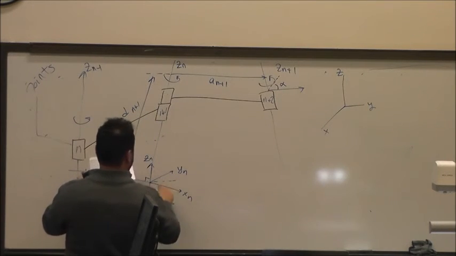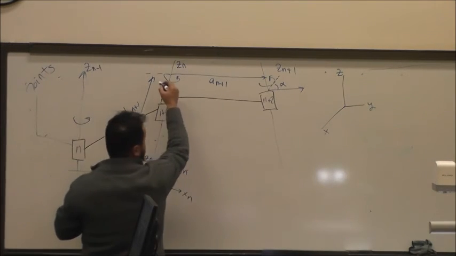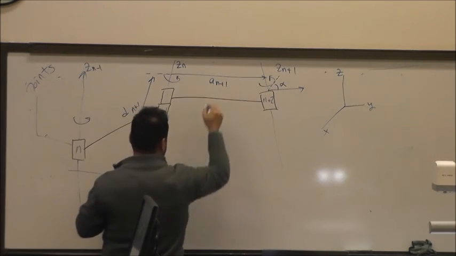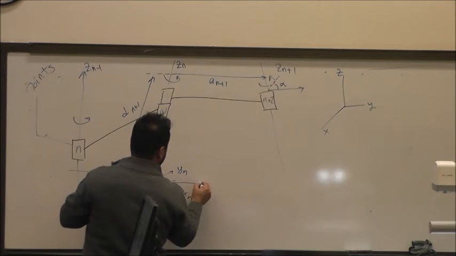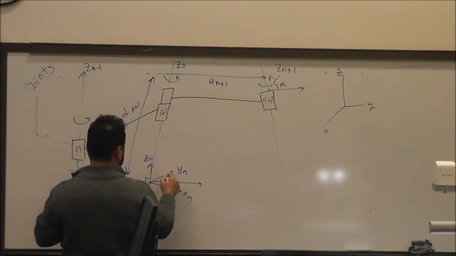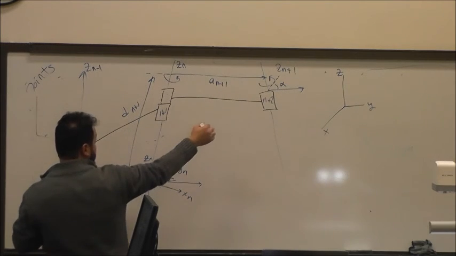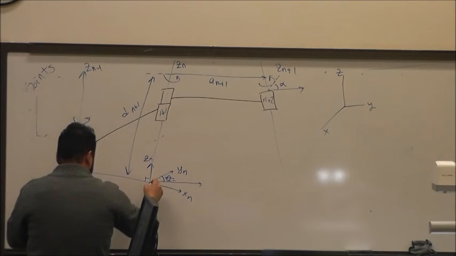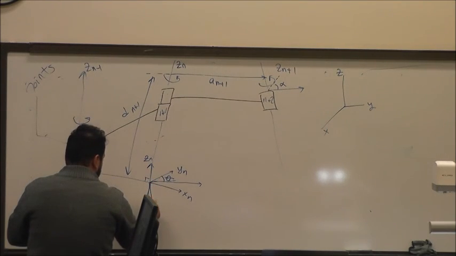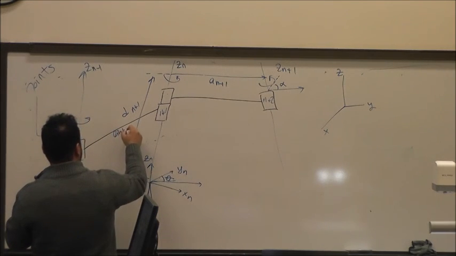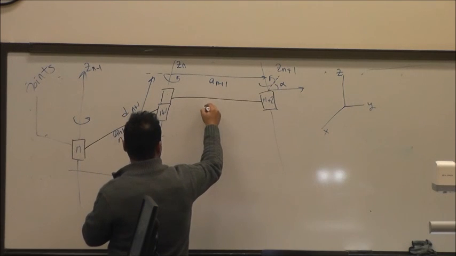I'm trying to draw the parallel lines, okay? So this thing is parallel to this line. So my theta is here. And based on here, the alpha should be somewhere between this angle, right? Here is alpha. And this is link n, n plus 1.